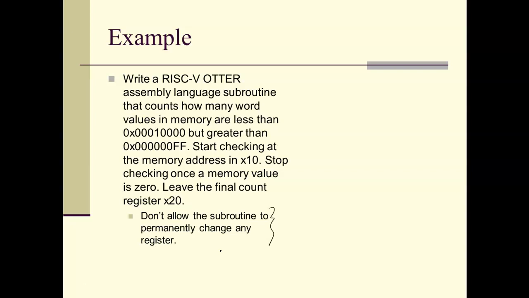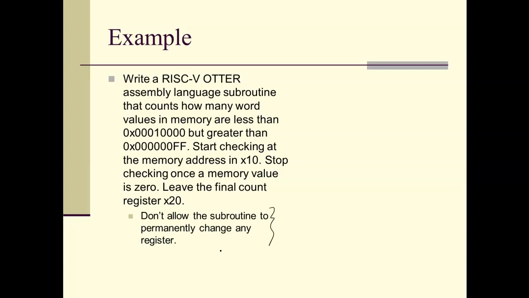Okay, so this is a program. What does it say? Write an assembly language subroutine that counts how many values in memory are less than 1,000 and greater than FF, or 10,000. I don't know, it's a hex number, and I don't know how to pronounce it.